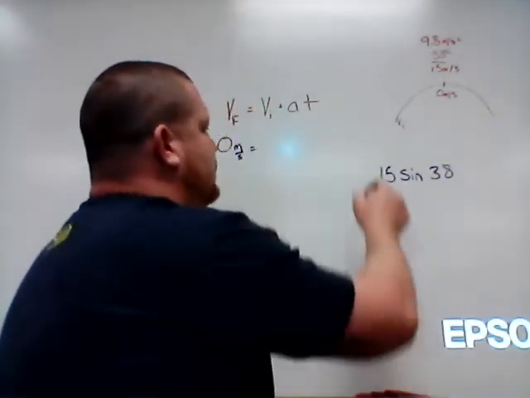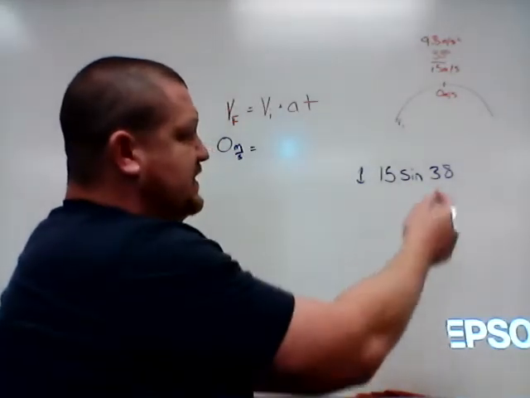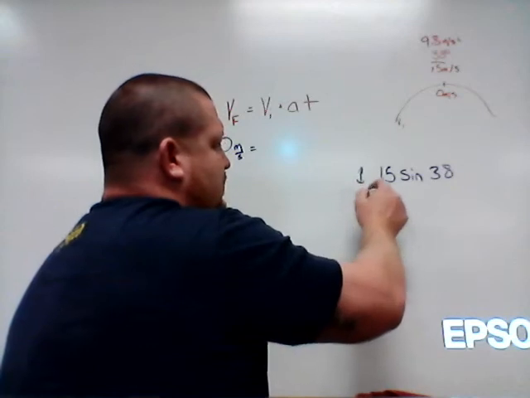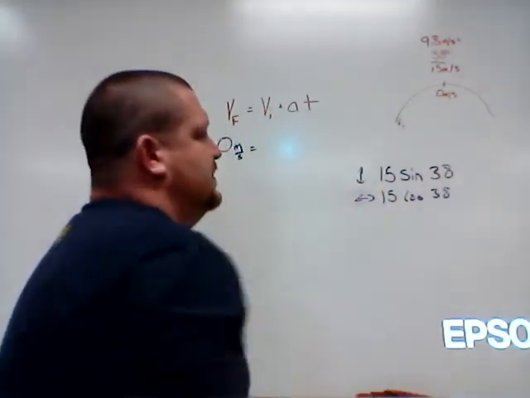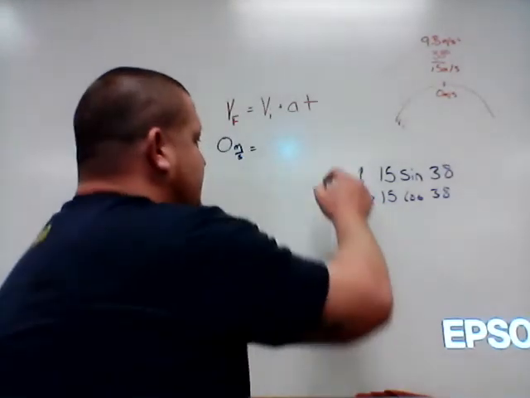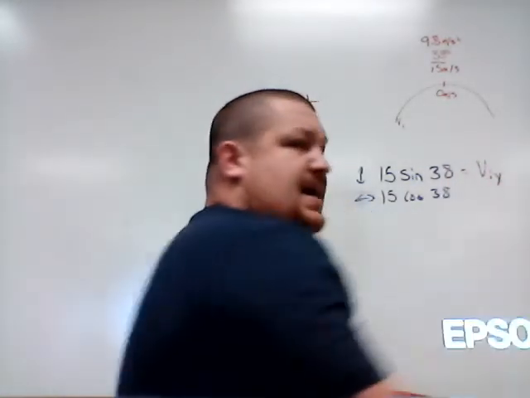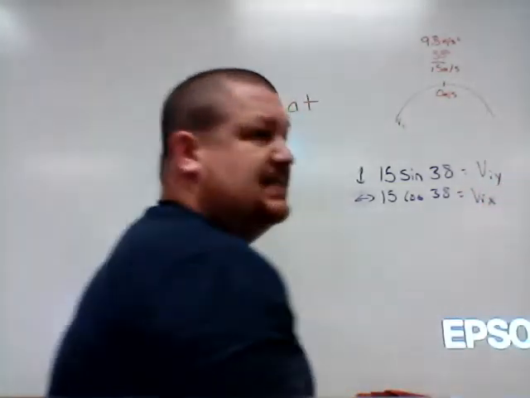So for our vertical initial velocity, we would use 15 sine 38. If we're looking at the horizontal, we would use 15 cosine 38. So this one would be our initial velocity for y, which is vertical, and this one would be our initial velocity for x, which is horizontal.